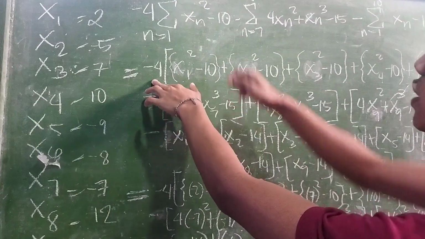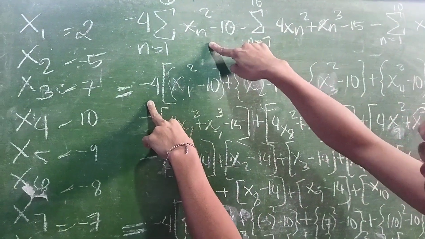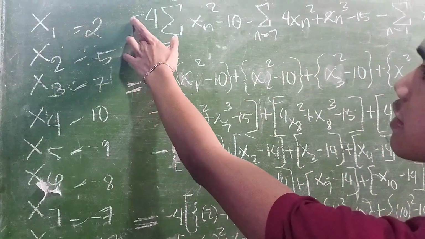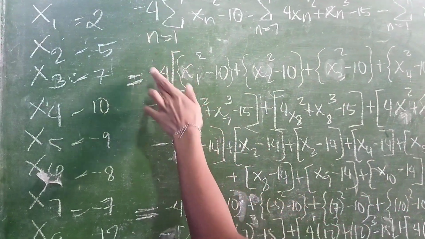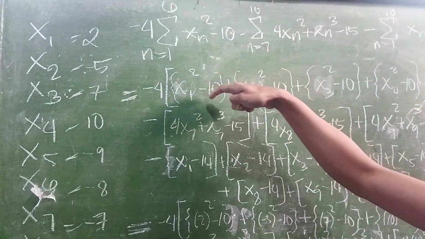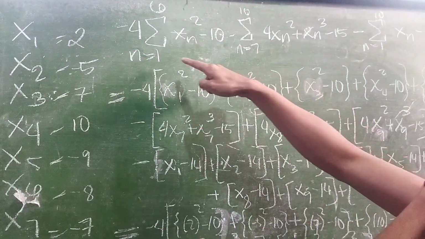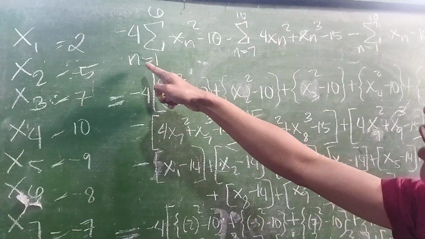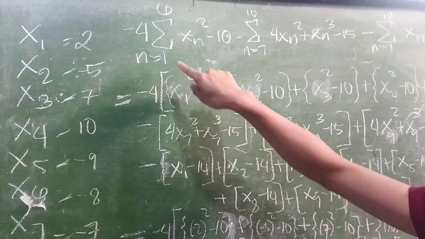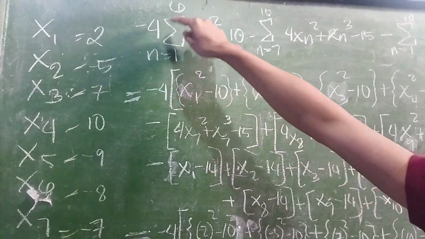First summation notation is this. So this negative 4 is constant, so we will just replace it here. Then as you can see, there's a change. Since our lower term is equal to 1, we'll start from 1 and our last term would be 6.